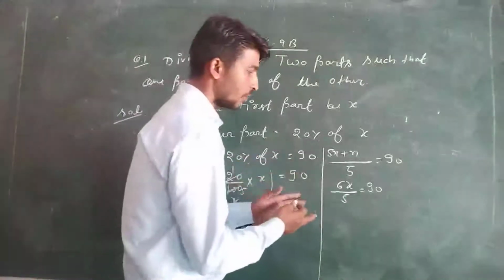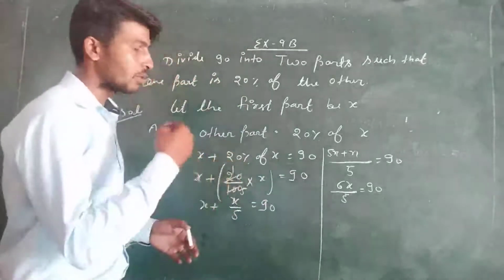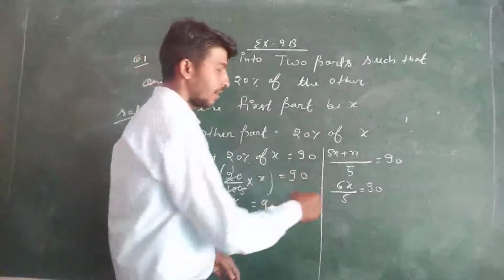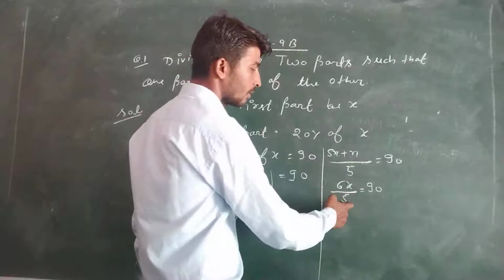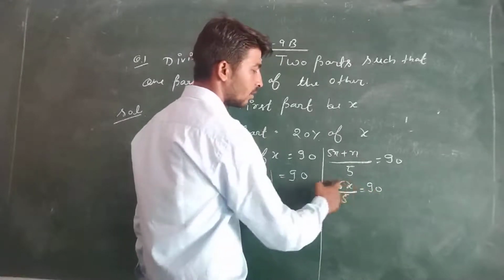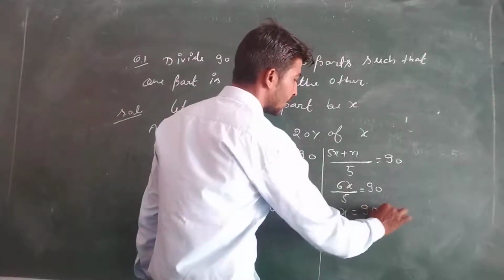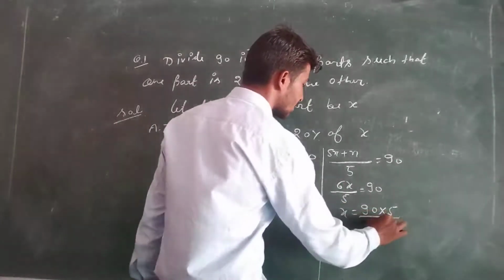So when you want to find the value of x, you have to do some arrangements here: 5 will cross-multiply with 90, and 6 will go in the denominator. So x is equal to 90 into 5 upon 6.